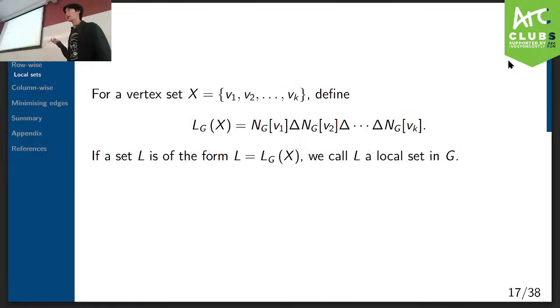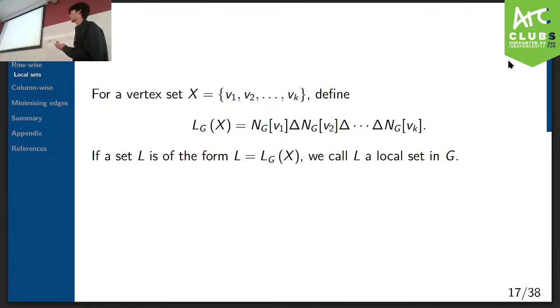For a vertex set X, we say that L_G of X is the symmetric difference of the closed neighborhoods. If X is simply a singleton set, with only one vertex in there, then L_G of X is simply the closed neighborhood of that vertex.